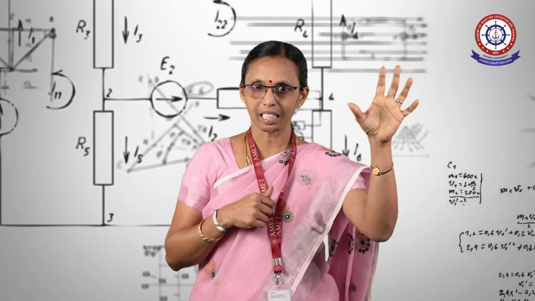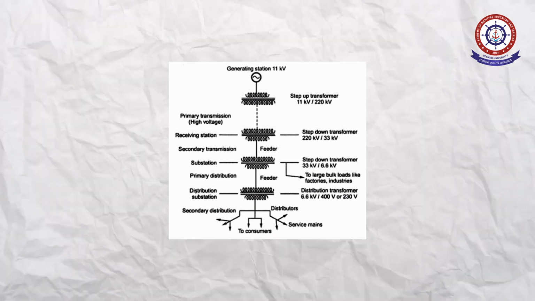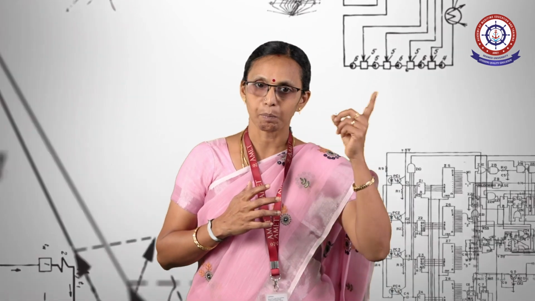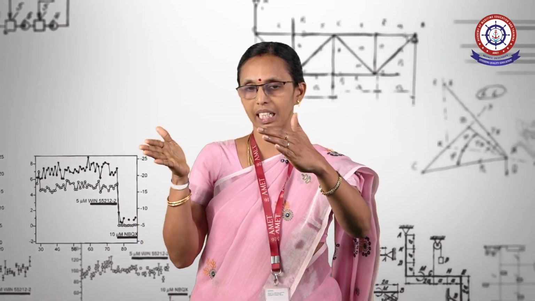Right from the generation, we had the primary transmission, the secondary transmission, the primary distribution and the secondary distribution. Between the generation and the primary transmission, we had a step-up transformer.